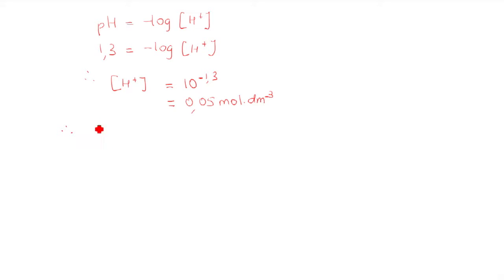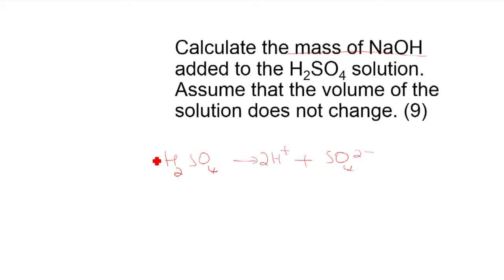Now, this is going to help us find the concentration of H2SO4. The concentration of H2SO4 will be half of this, because the ratio is 2:1. Let me go back to what I had. This is 1 and this is 2.